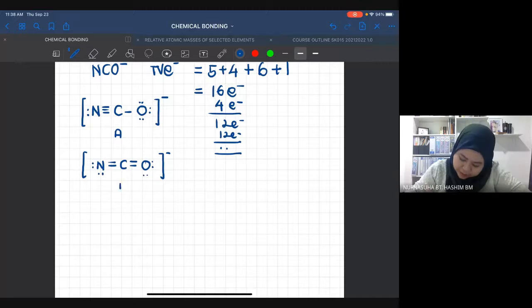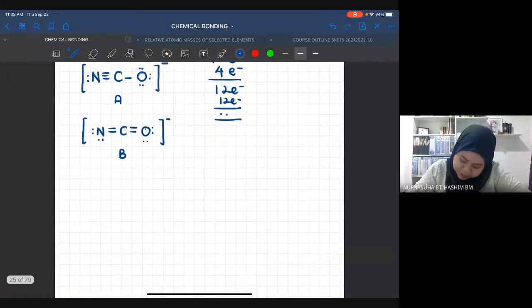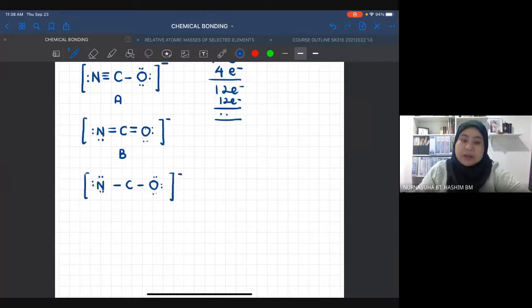So this is your second structure. Okay, now another possible structure, NCO. Ini yang original tadi ya, yang sebelum kita octetkan atom tu.